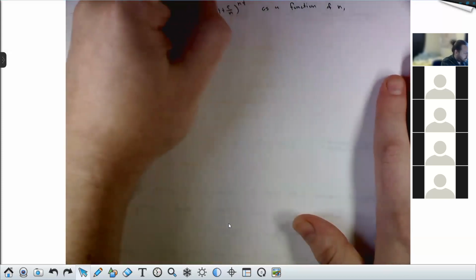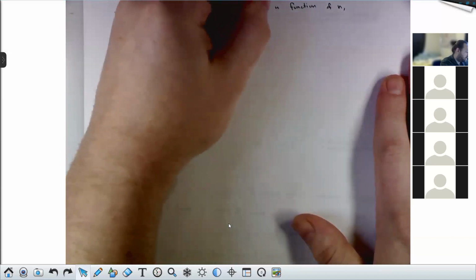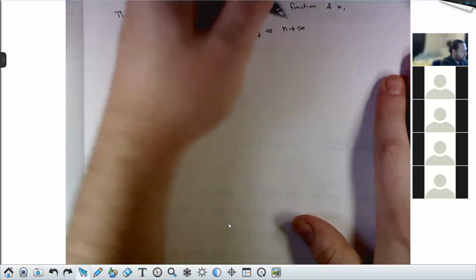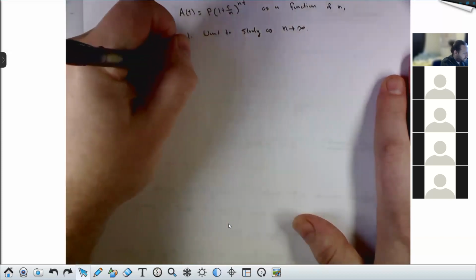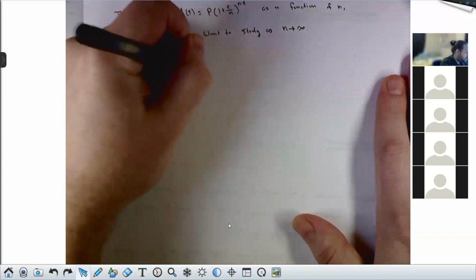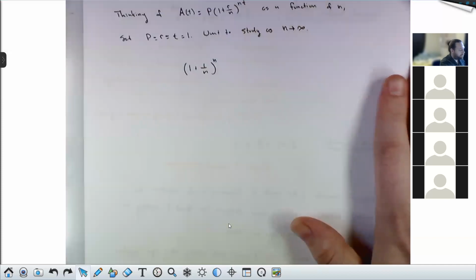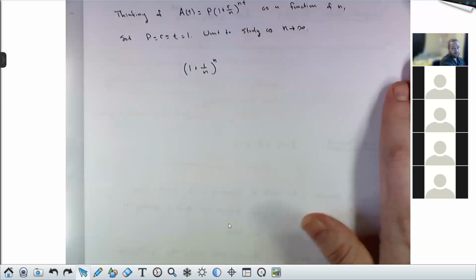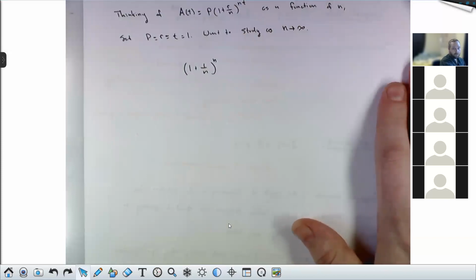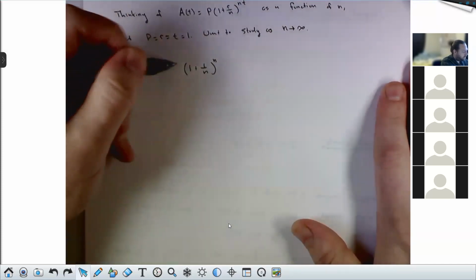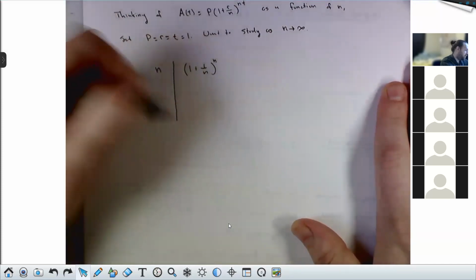And we want to study this as n goes to infinity. So what did that give me? That would give me (1 + 1/n)^n. And I want to study this as n gets bigger and bigger and bigger and bigger and bigger.